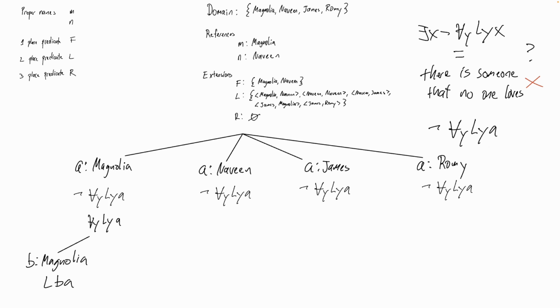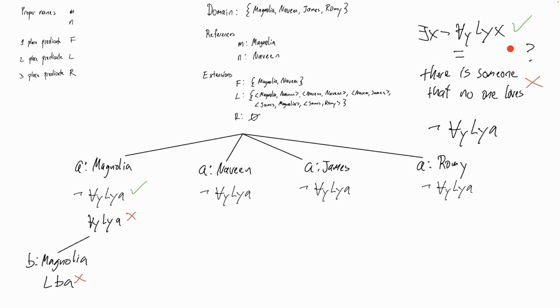LBA is false on that valuation because the pair Magnolia-Magnolia is not in the extension of L. That means that for all y, LYA is false on the valuation where Magnolia has been assigned as the referent of A. Thus, not for all y, LYA is true on that valuation. And thus, there is an x such that not for all y, LYX is true on the original valuation.